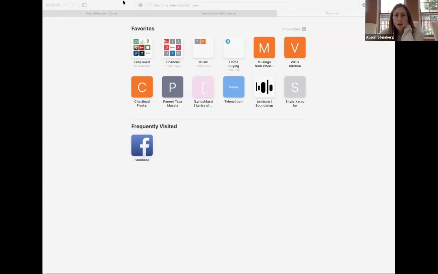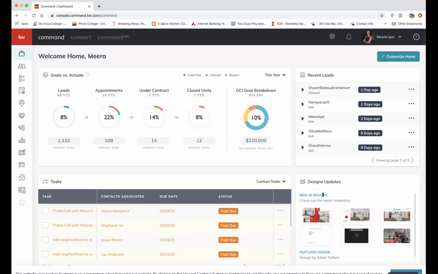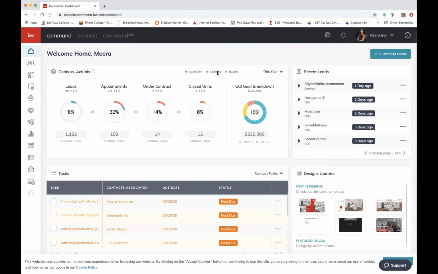No, it's just showing an open, blank browser. Oh, okay. So let's see. Interesting. How about now? Yeah, it's showing your Command now. Okay, good.